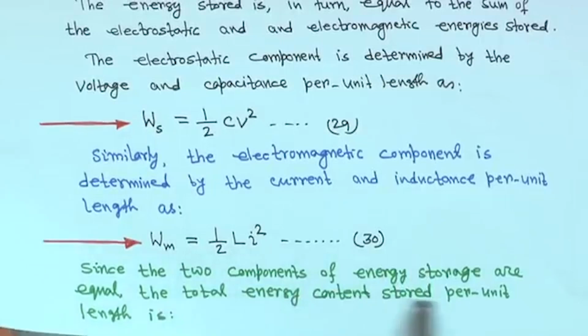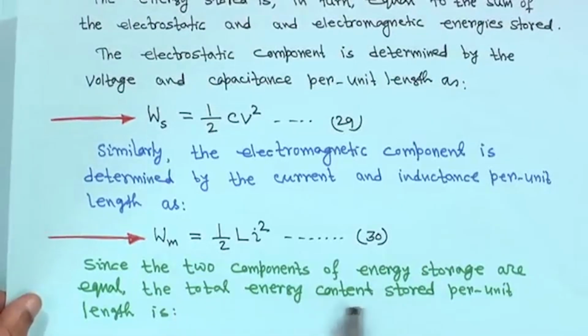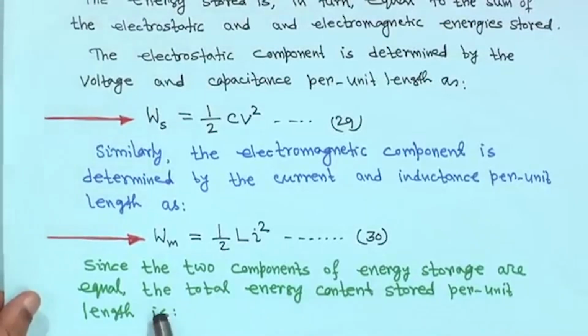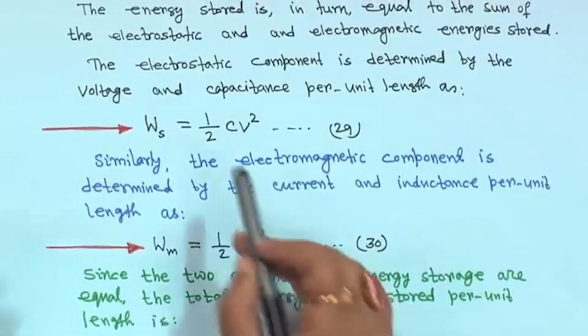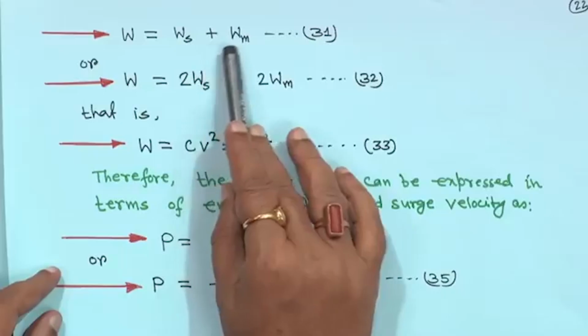Since the two components of energy storage are equal, the total energy content stored per unit length will be W = Ws + Wm, because both are equal and we are considering the line to be lossless.